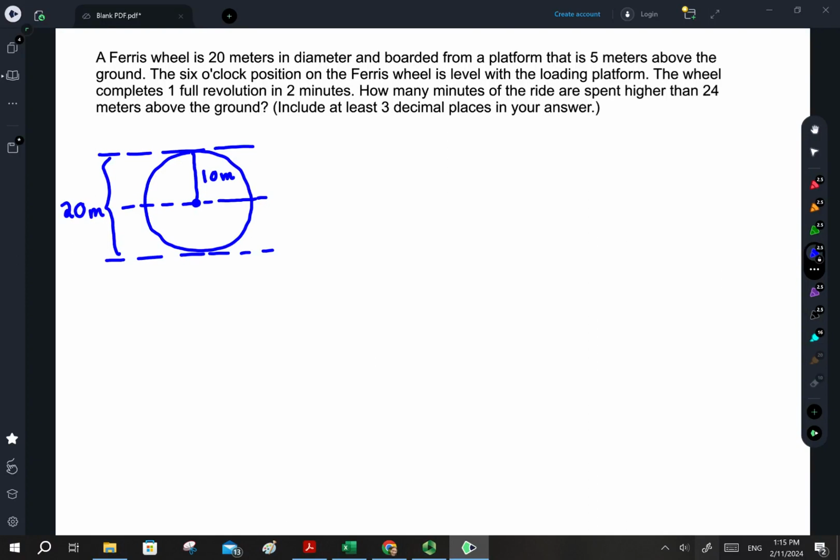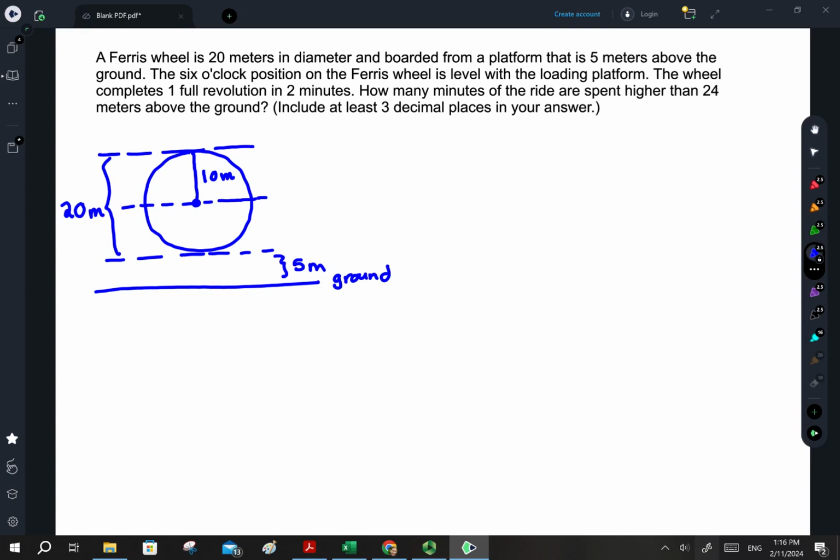Now the problem says that the wheel is boarded from a platform that is 5 meters above the ground and that the 6 o'clock position on the Ferris wheel is level with the loading platform. This is just, in my opinion, a slightly confusing way of saying that the bottom of the wheel is 5 meters above the ground.